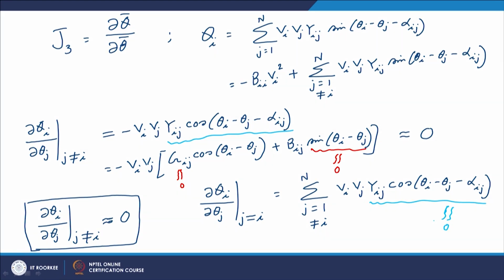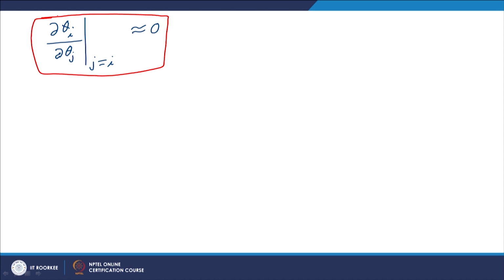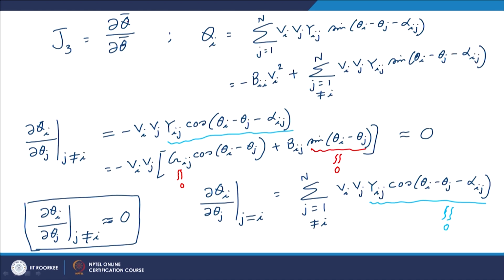So, we have got another interesting result that del Qi by del theta j, when j is equal to i, is also equal to 0, because both this term as well as this term are 0.